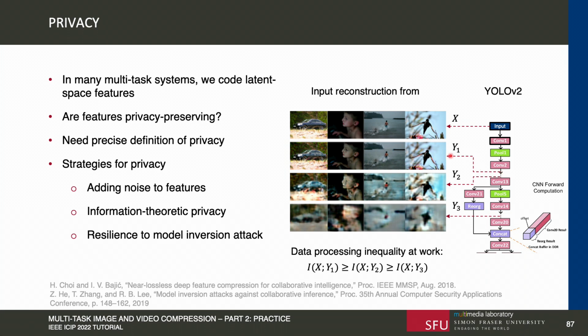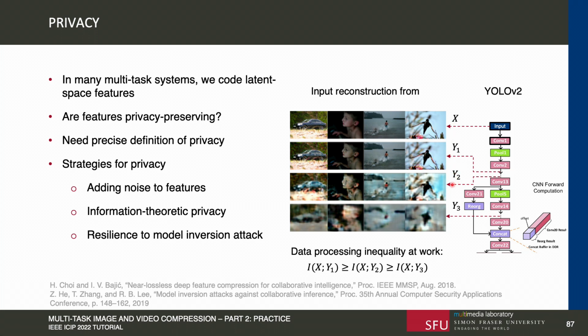The reconstruction is accomplished by the so-called mirror model, which basically mimics the structure of the front end of the network, but replaces every convolution with a transpose convolution, every pooling operation with upsampling, and so on. So it kind of tries to invert whatever the input has done.